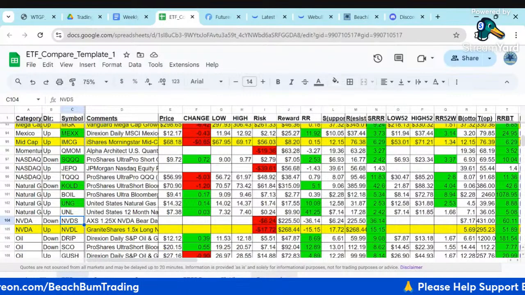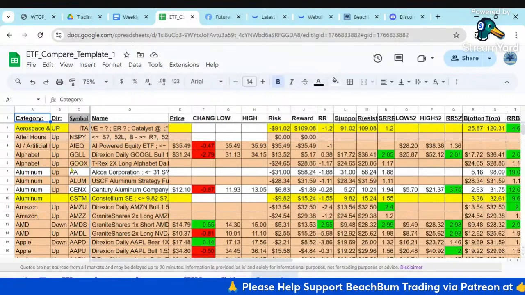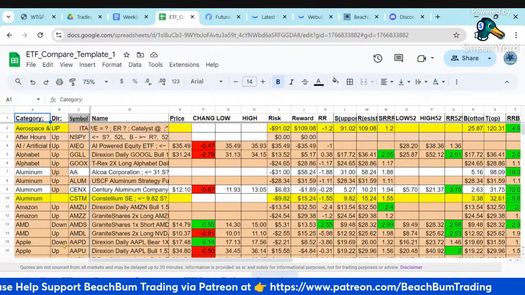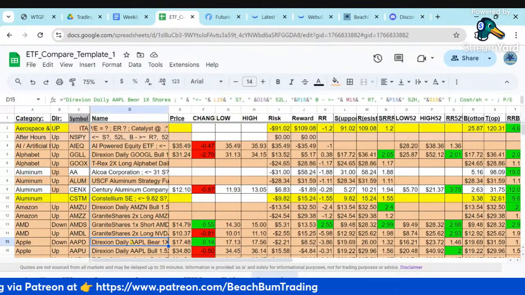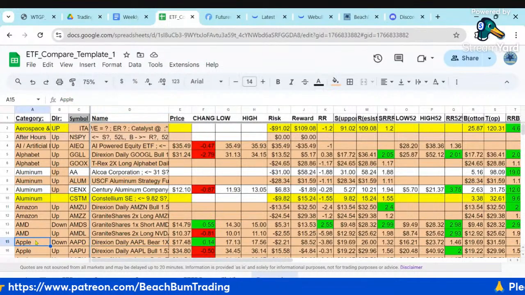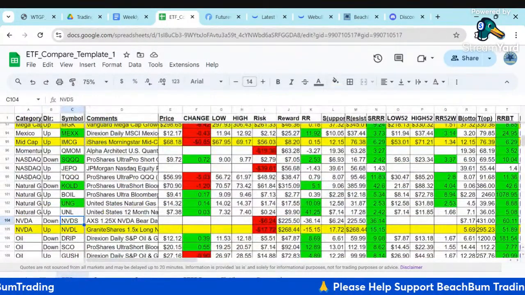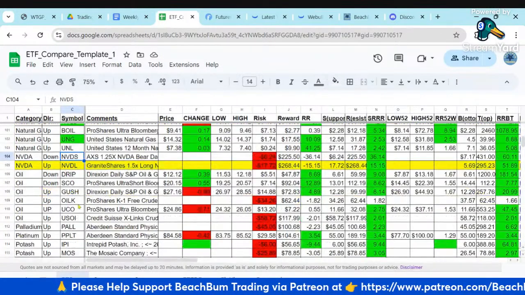We also have additional ones in our research sheet, so you can find several to long or short, various others like AMD, Apple, etc. So if you're looking for an ETF to short individual stocks, some have leverage, some don't. You can do a find on various individual stocks and find ETFs to long or short that.